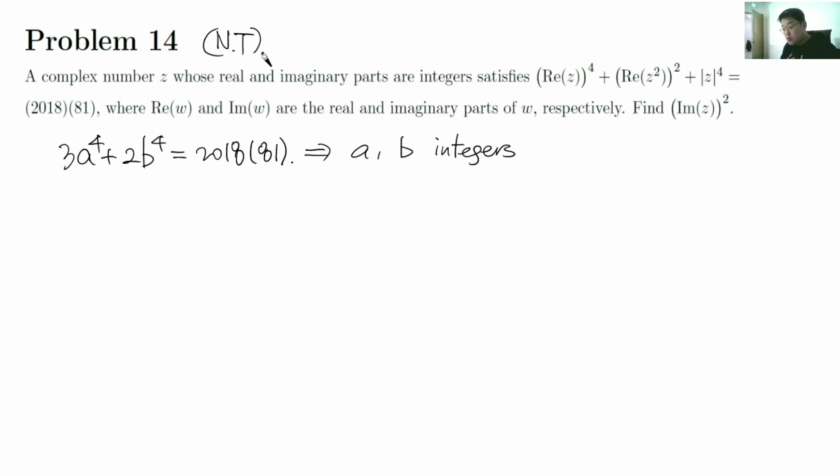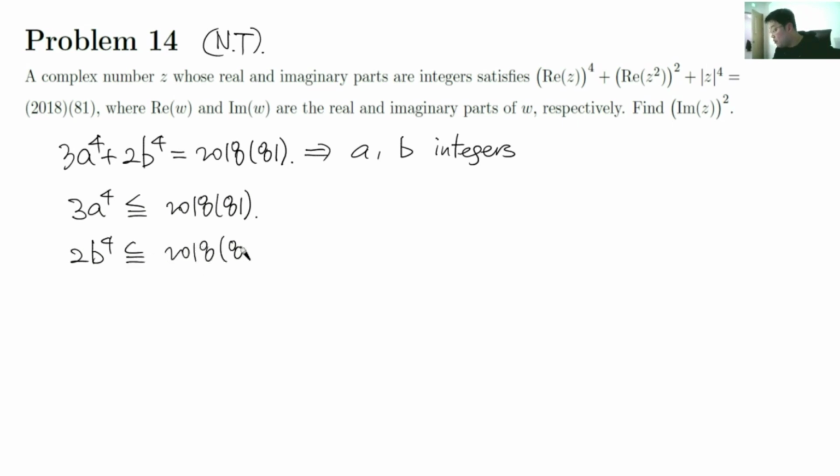So how do I use a's and b's? Well, here's what's up. Is 3a to the power of 4 smaller or bigger than this? It's going to be smaller. 2b to the power of 4 is also going to be smaller than or equal to 81.